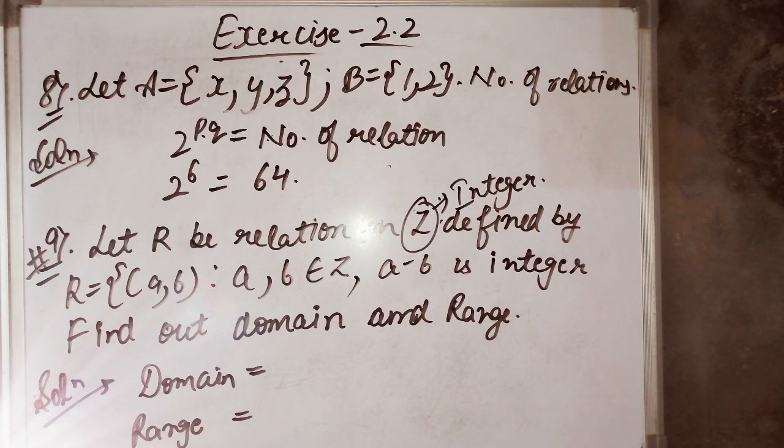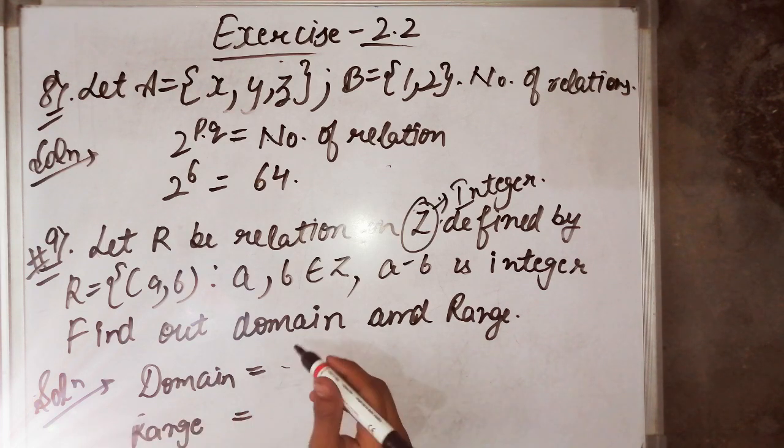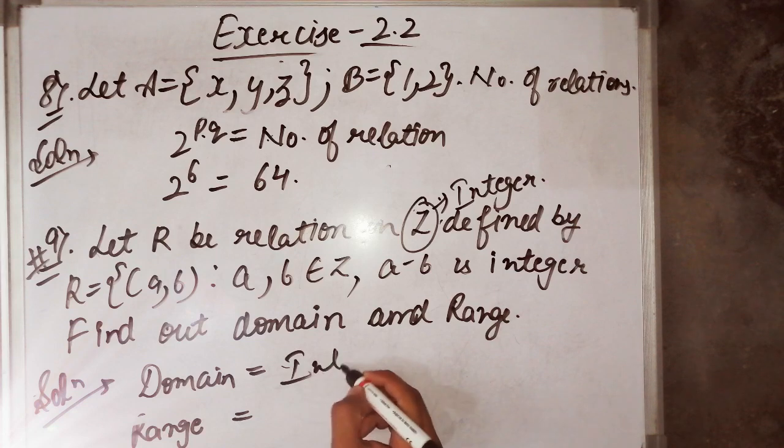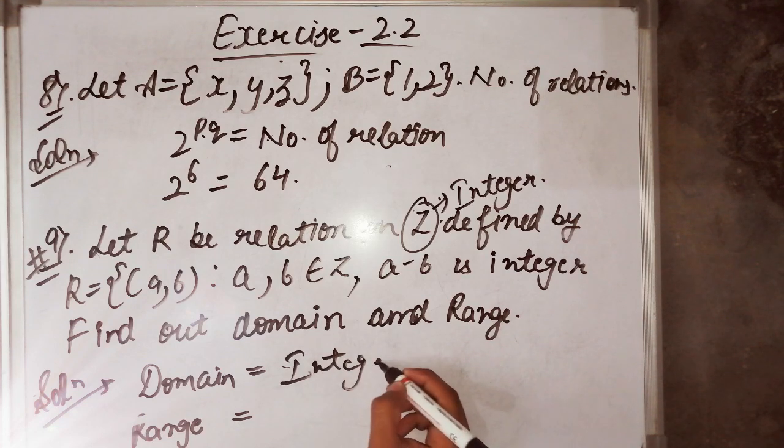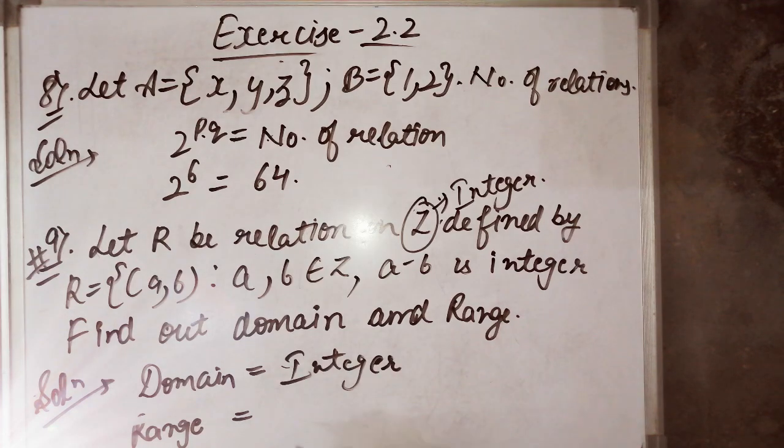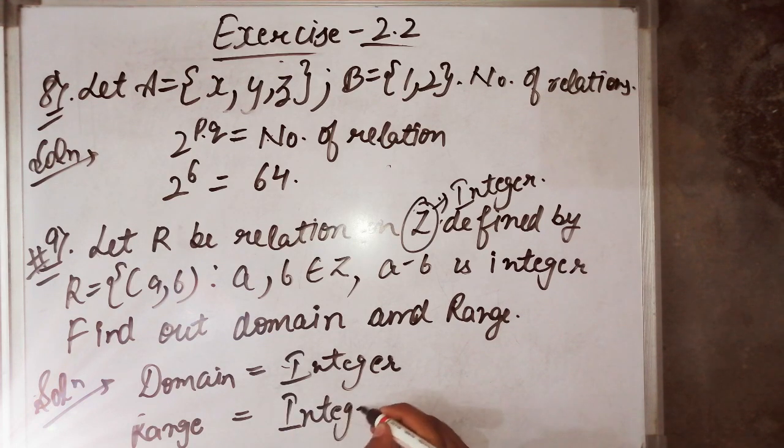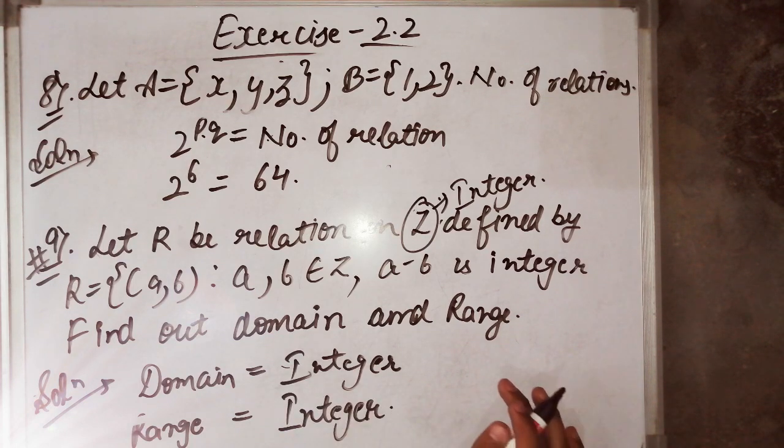What will you get? I think only an integer. That's why the domain will be an integer and the range will also be an integer. Both of these will be integers.